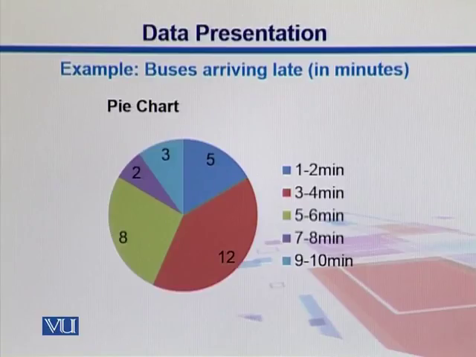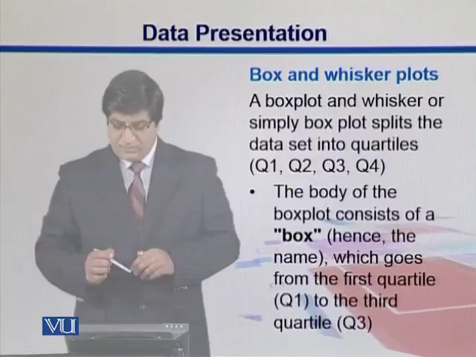Then we can start from our class 1, where we have a slice relatively proportionate to its size. Then we have a big slice, the red one, where we have 12, then we have 8, and we keep going toward the lower numbers. That is how we can present our data in the shape of a pie chart.